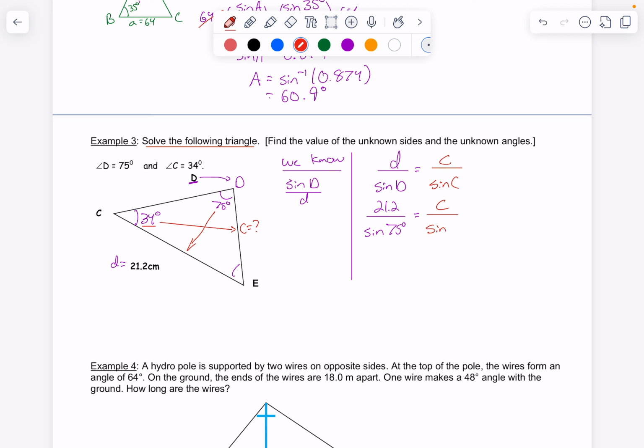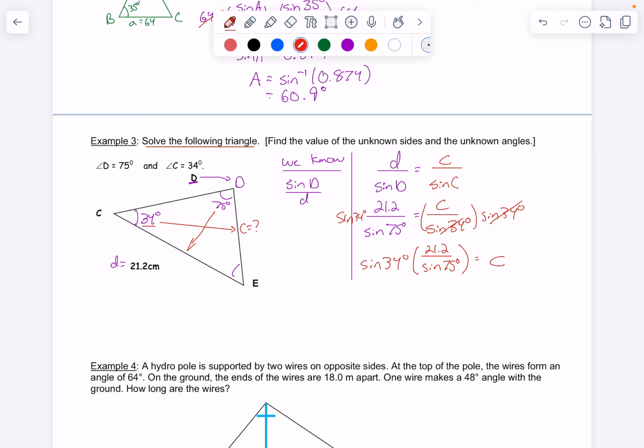which is 34 degrees. So we are isolating for little c, so that means multiply both sides by sine 34 degrees. So then these cancel, and this side needs to have a sine 34. So you have sine 34 degrees multiplying 21.2 all over sine 75, and that's all equal to c.